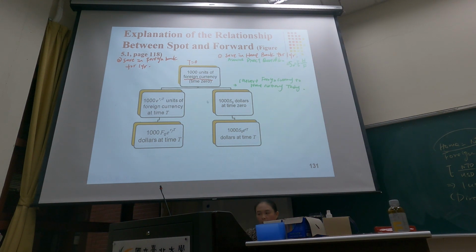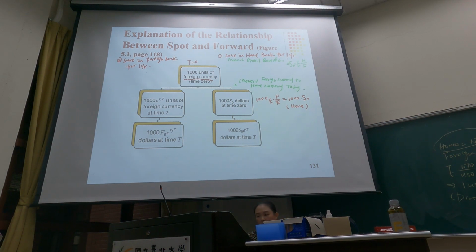The amount of money that you get today would be equal to 1,000 F times S, which is H over F, right? Cross out, so basically it's 1,000 times S0. That's in home, right? 1,000 times 32.5 equals 32,500 Taiwanese dollars. That's in home currency. Are we okay with that?